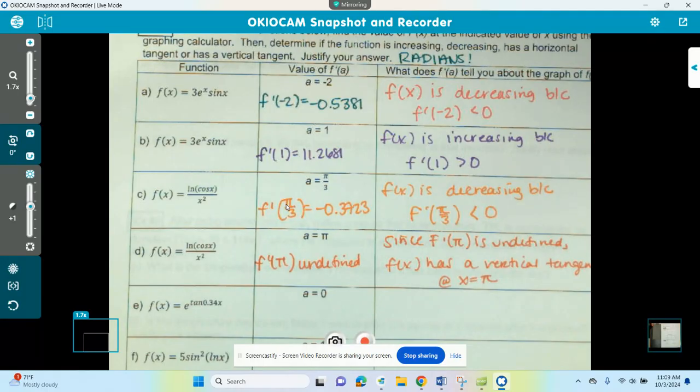I'm going to go back to B and do it the graphing method while you are doing that.